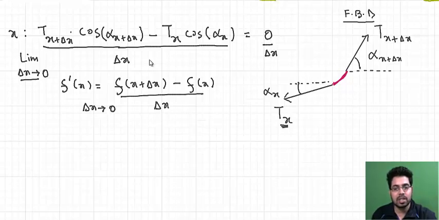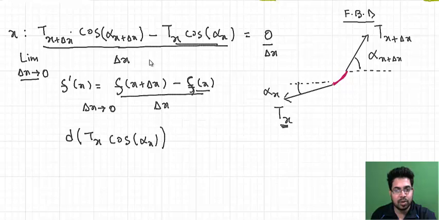So similarly, here it was f of x, so here it is f dash x; here it is T x cos alpha x, so it would be the differentiation of T x cos alpha at position x.